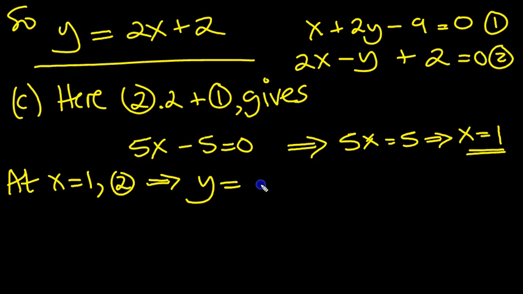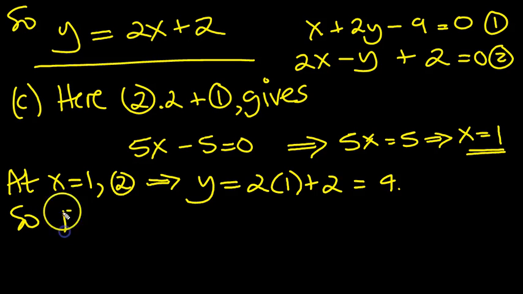Basically it's 2 lots of x plus 2, put the x value in, 2 and 2 is 4. So D has coordinates 1 and 4, which is what we needed to show.